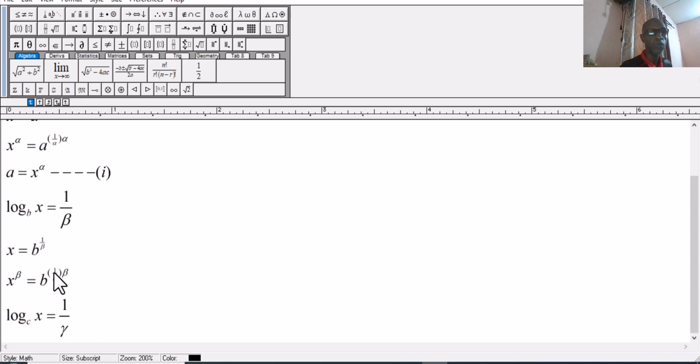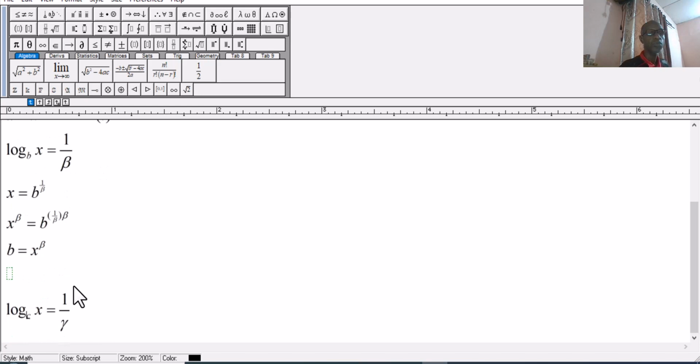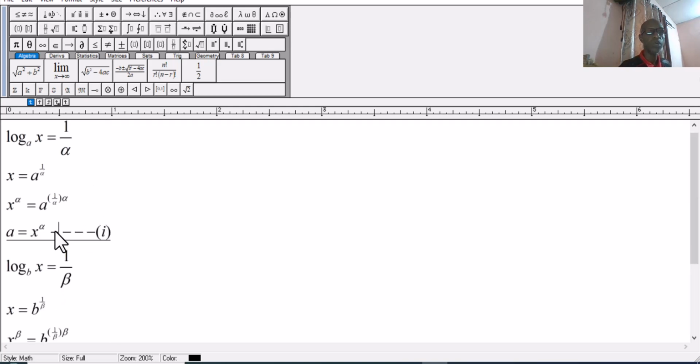With this, 1 over beta times beta will cancel out, so b is equal to x to the power of beta. Let's call this 2. Don't forget our a, which we termed 1.